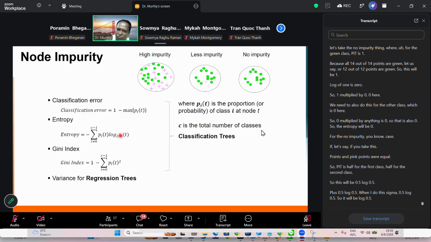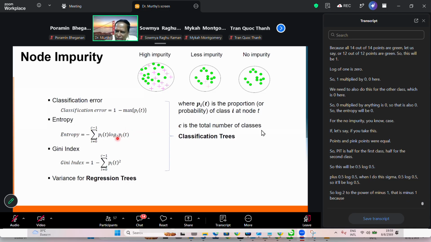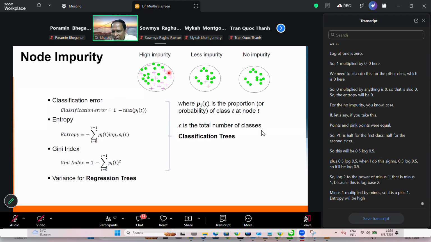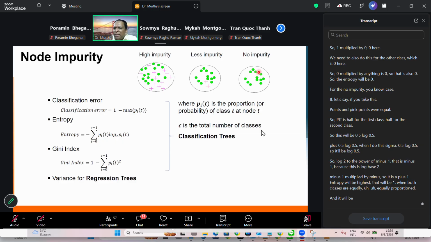So log 2 to the power of minus 1, that is minus 1, because this is log base 2. Minus 1 multiplied by minus, so it is a plus 1. Entropy will be highest, that will be 1, when both classes are equally proportioned, and it will be 0 when one class is homogeneous.